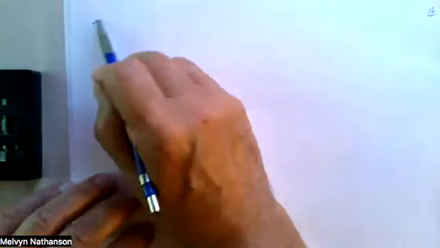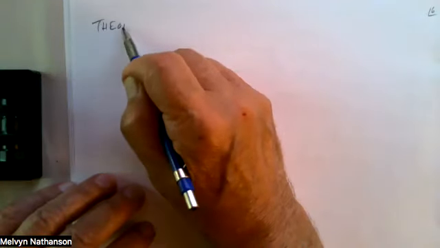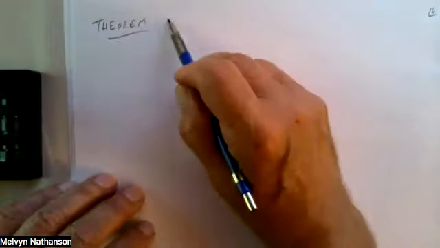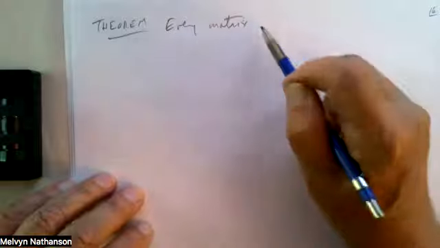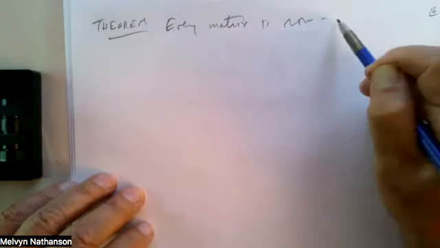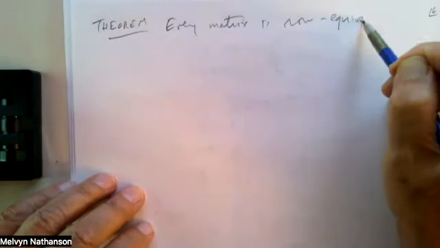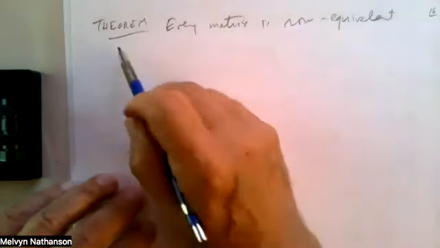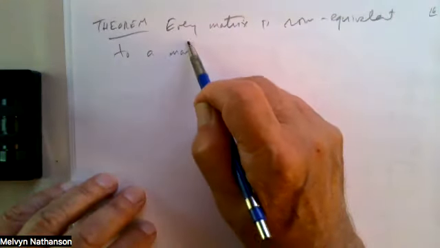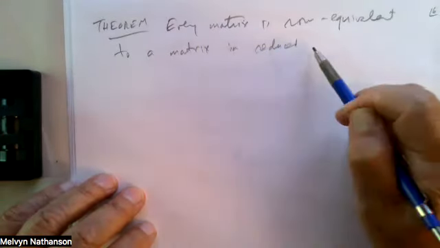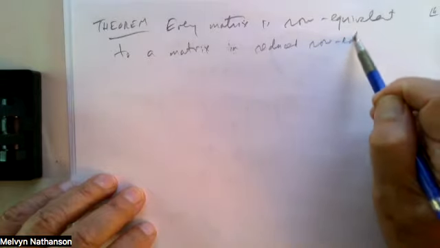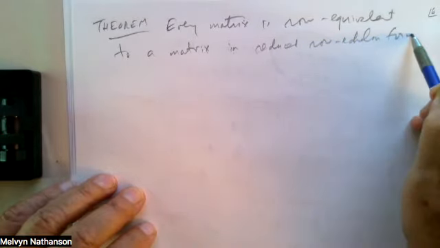And the important theorem, which is really an algorithm, is that every matrix is row equivalent to a matrix in reduced row echelon form.